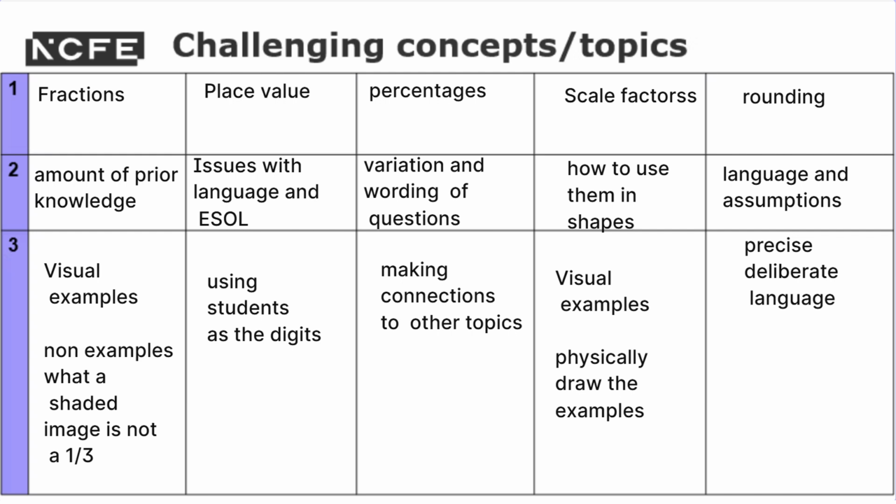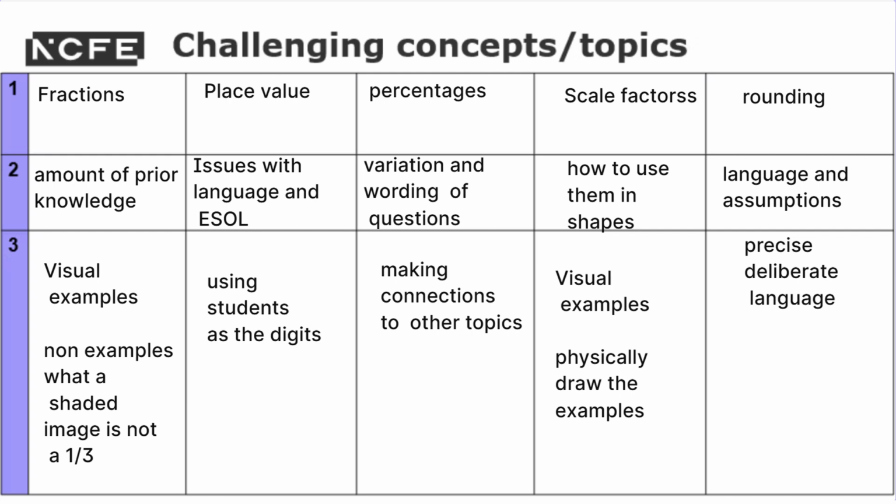However, if you show non-examples, then instead of 3 equal boxes in that rectangle, they'd be different sizes, and yes, one of them will be shaded, and you will ask, so is that a third? And hopefully your learners will say no, and then it's about asking them to explain, and it is in explaining why it's not a third that your learners are showing that they actually understand the concept of a third.